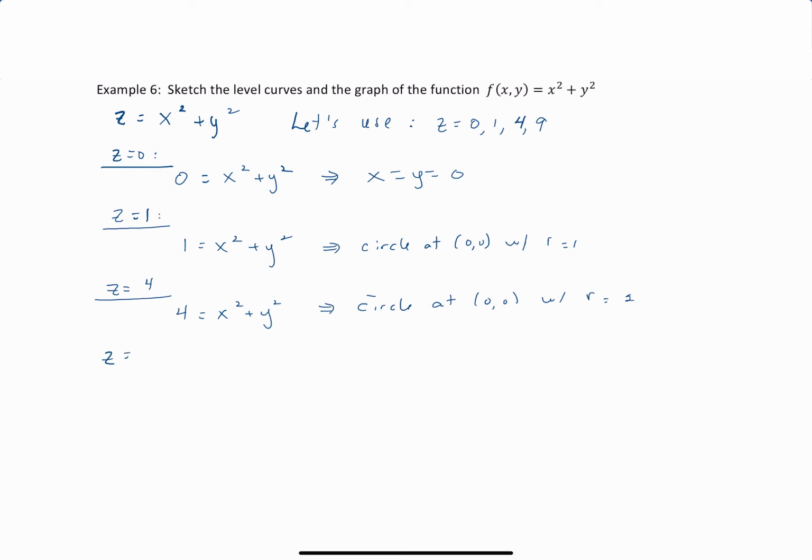And then what about when z equals 9? Then we have 9 equals x squared plus y squared, which is a circle, again centered at 0, 0, with radius square root of 9, which is 3. So that's what I meant by picking convenient values. I'm picking perfect squares because I know I'm going to end up square rooting them.